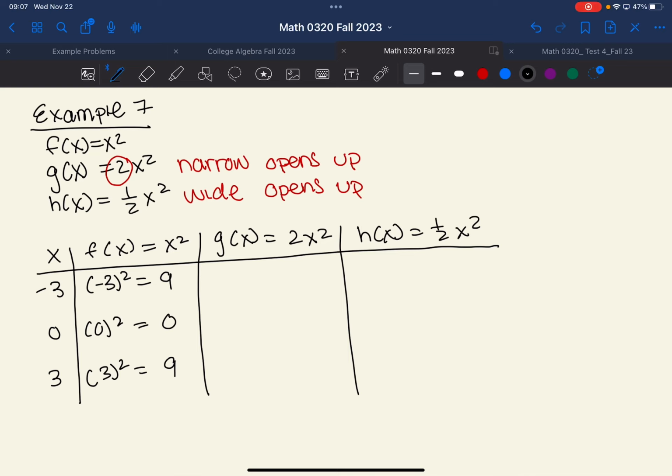Then for g of x, I have 2 times -3 squared. So -3 squared is 9. 9 times 2, 18. Notice all my answers that I got in my parent function, for my g of x function, I'm just going to be multiplying by 2. So 2 times 0 squared is 0, and 2 times 3 squared is 18.